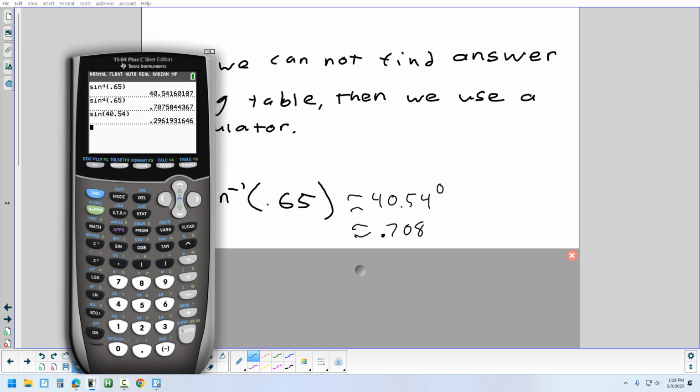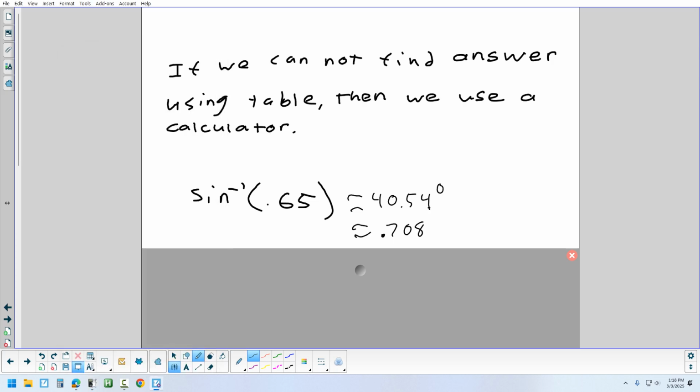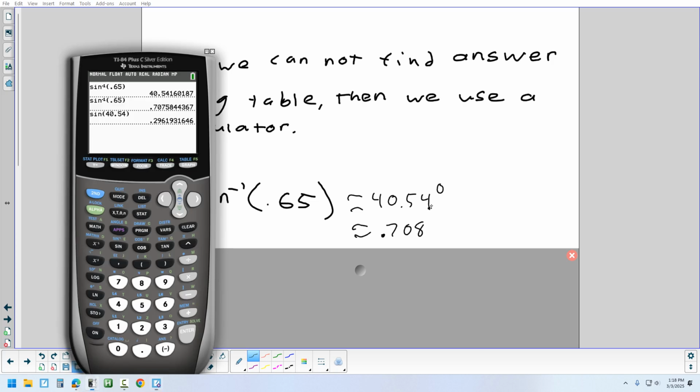No. How come I didn't get 0.65 back? I'm mixing the modes. This answer was a degree answer. If you want to check a degree answer, you need to be in degree mode. If you want to check the radian answer, then that's fine. We can check that one. 0.708, and I get back 0.65. So that's right. We'll switch back to degrees, and we'll check that one.